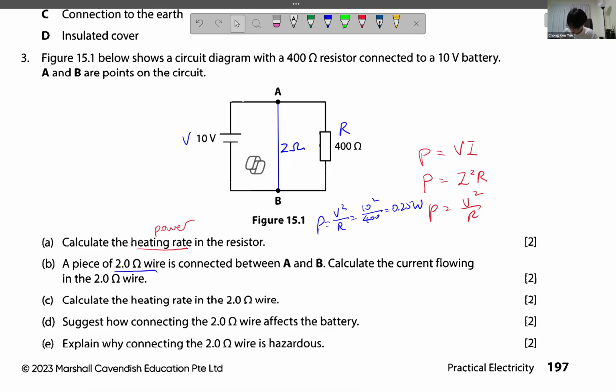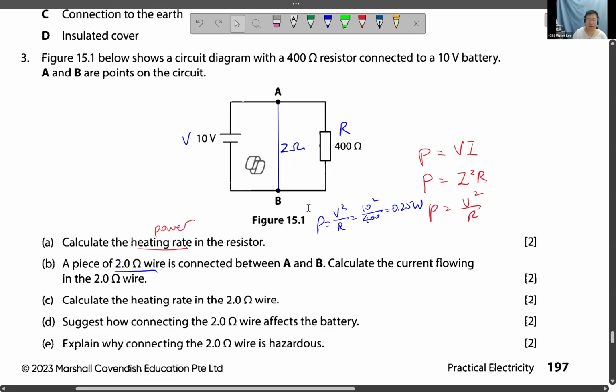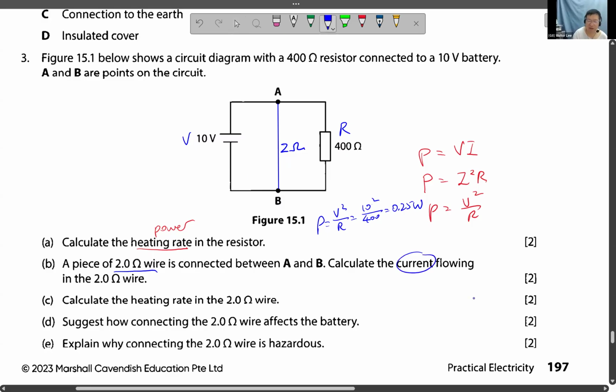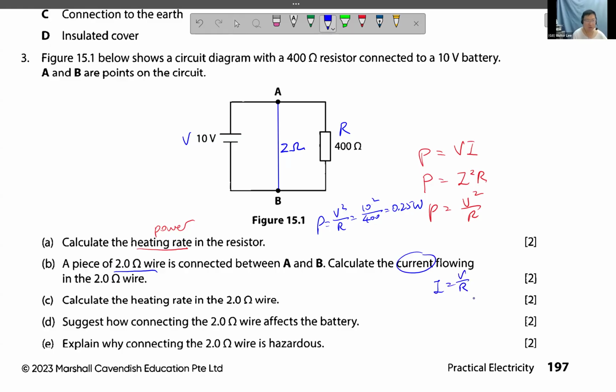What's the formula? What are you going to find? The current I. What are you given? You're given V and R. So I equals V over R, equals 10 volts over 2 ohm, equals 5 ampere.